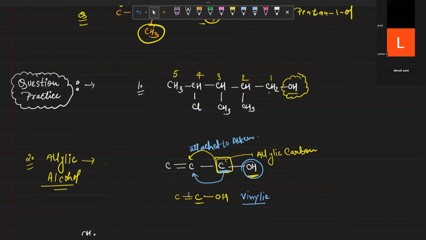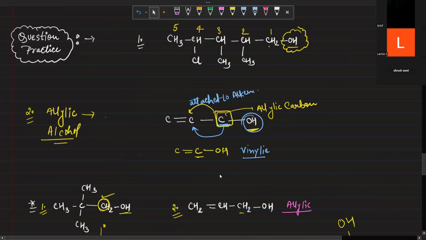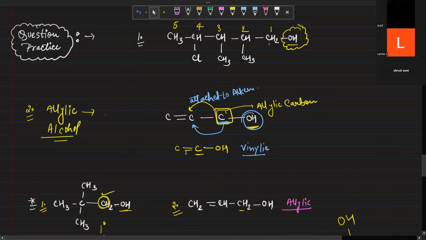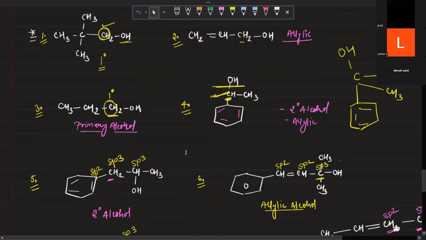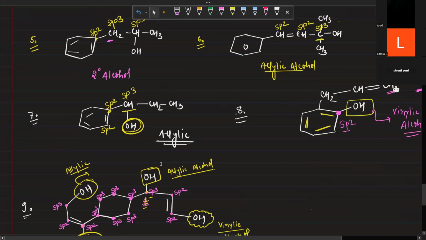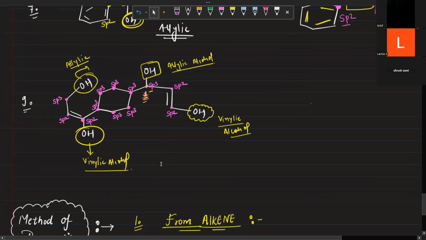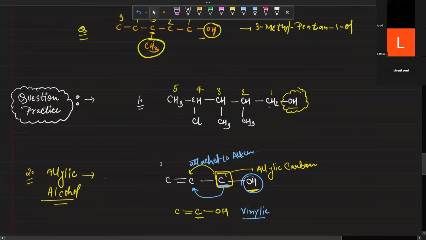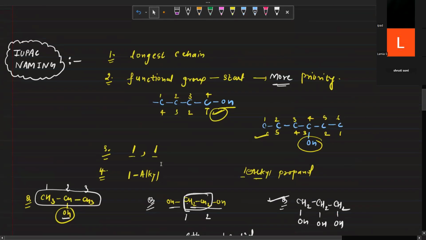If you want, you can go with IUPAC, but it's not really necessary. You know IUPAC a little bit, and I don't think it is that helpful. You majorly need the classification part, the allylic and vinylic concept, the 3 degree, 2 degree, 1 degree concept. This is the major important part which we discussed up to now.